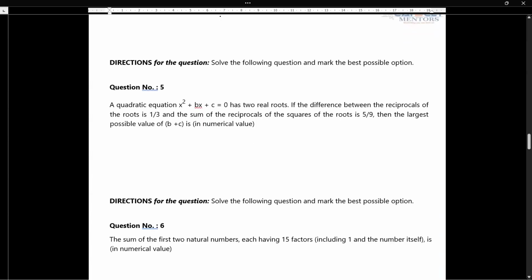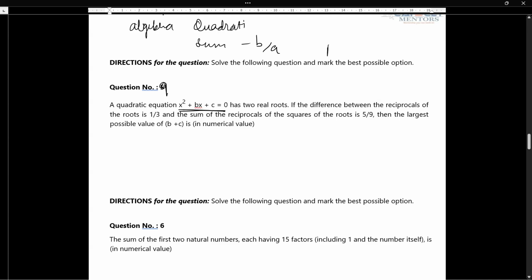Moving on to another question. So this is okay. We'll prove it at question number 9. Yeah. A quadratic equation. Now you know there is a quadratic equation. So this is basic. When you start algebra, you do quadratic. You learn that sum of roots is minus b by a.